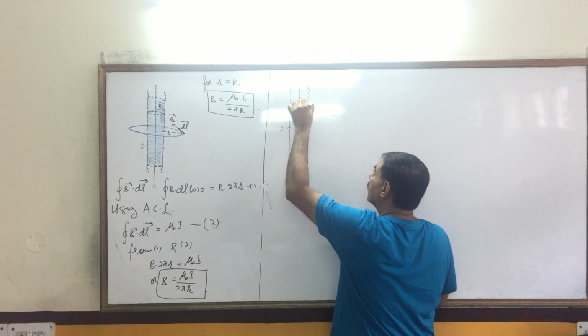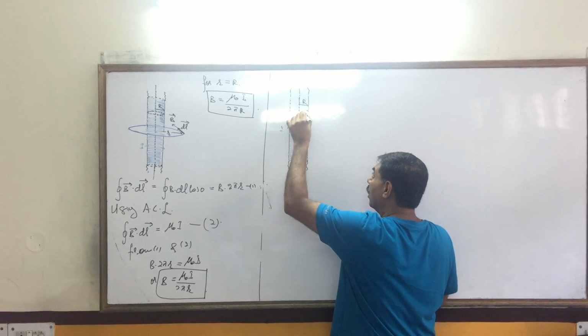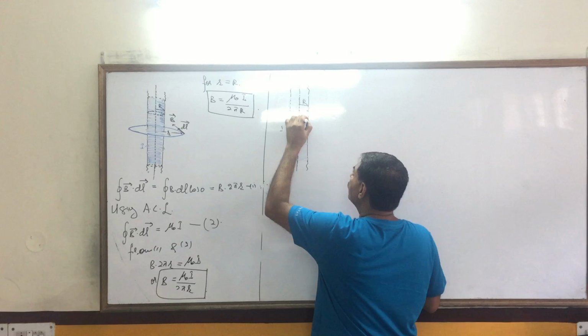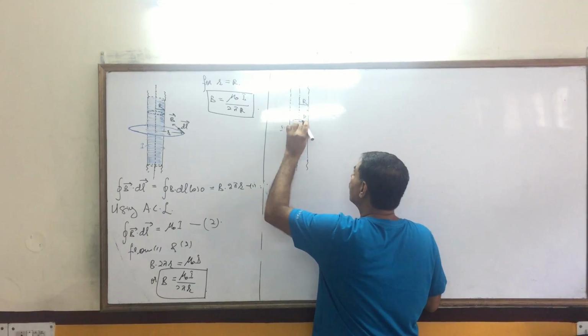This is of radius R, but we have to find the field here. क्या करूं? Imagine a closed path of radius r less than R.